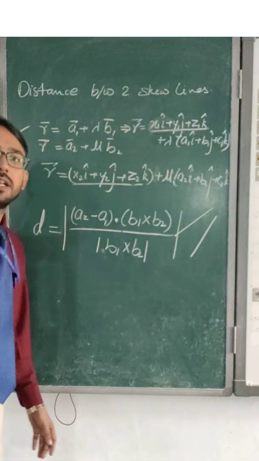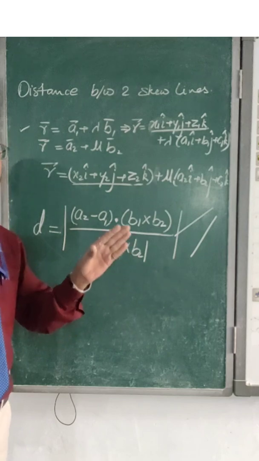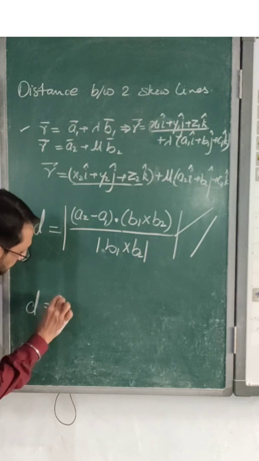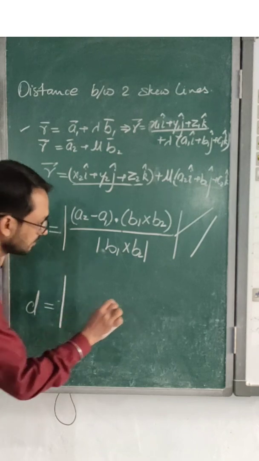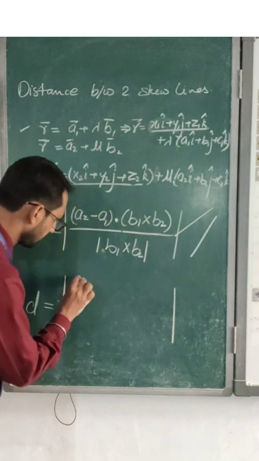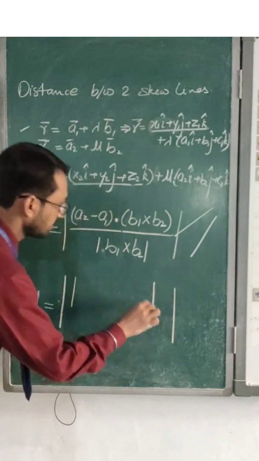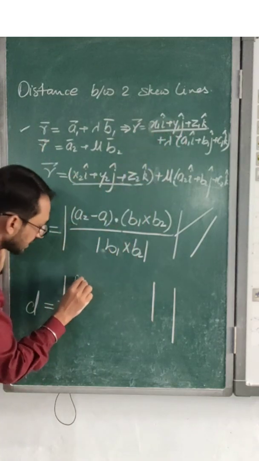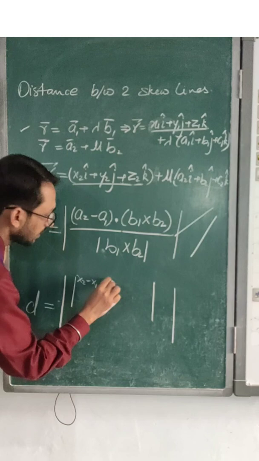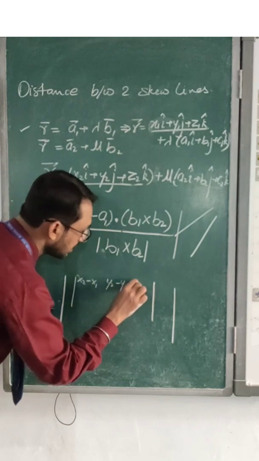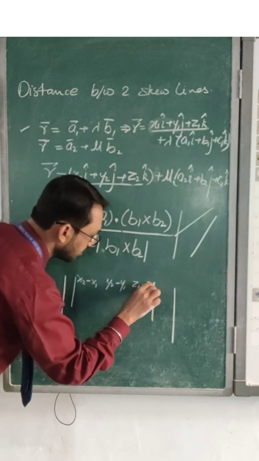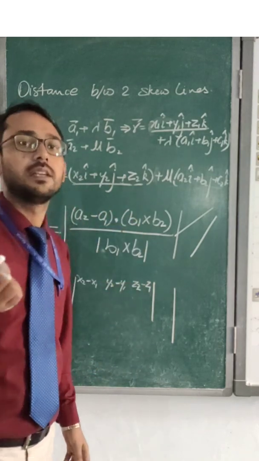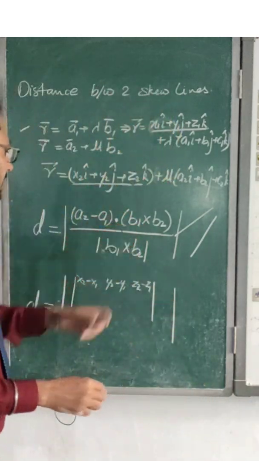If I want to calculate this with Cartesian conditions, then D will be equal to... A2 minus A1, a2 is this, a1 is this. So it will be x2 − x1, y2 − y1, z2 − z1. I have already taught you that cross product means determinant calculation. So that determinant we are calculating.